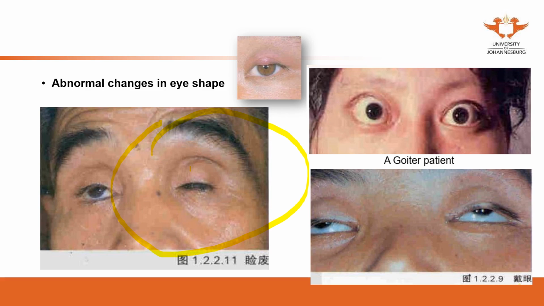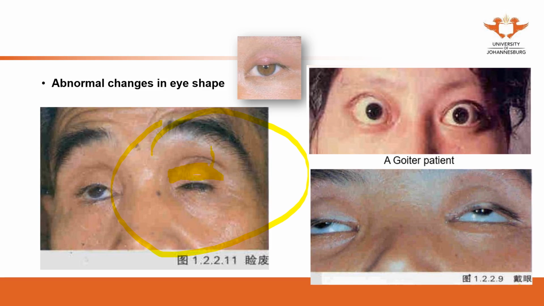If a patient presents with this, how should we treat this problem? The eyelid is related to the spleen, so we are going to focus on restoring the spleen function. Then it can help to move the eyelid, because the eyelid is a muscle, also related to the spleen.